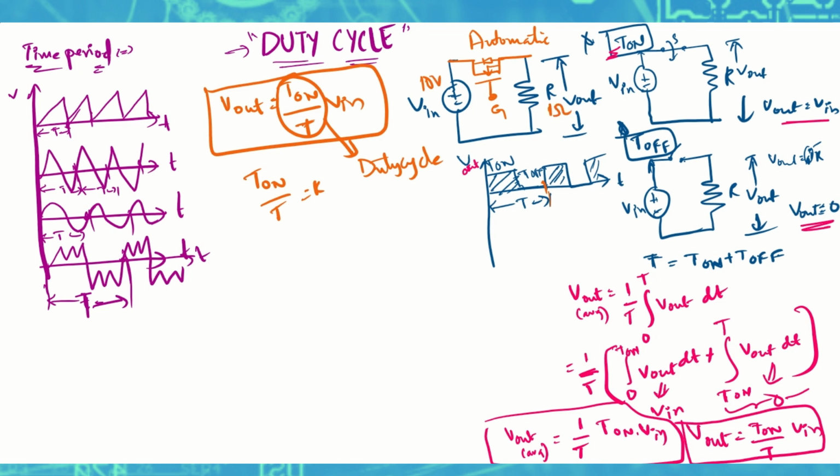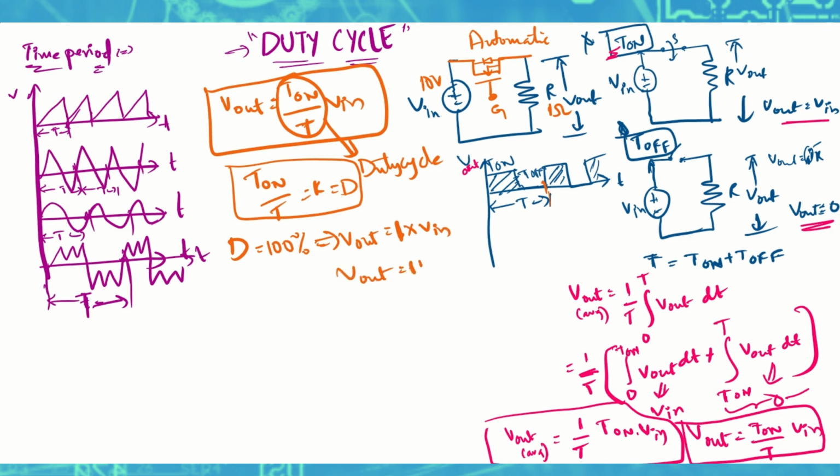Now if duty cycle D or K, whatever we consider this as, is 100%, then what is going to be the V out? V out is going to be 1 into V in. V in is nothing but 10 volts. So V out is 10 volts here.